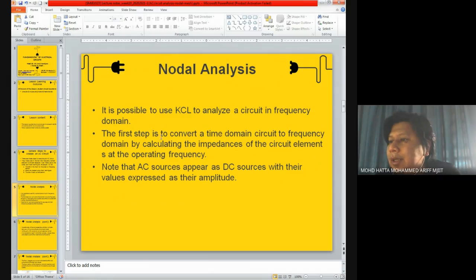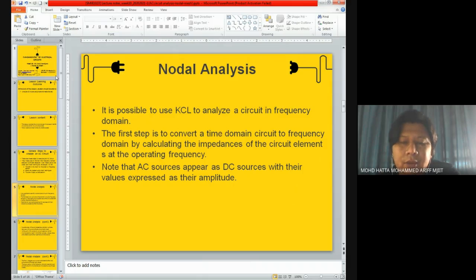I think I mentioned the second point over here. The first step is to convert the time domain into the frequency domain by calculating the impedances of the circuit elements at the operating frequency. The operating frequency will normally be given in the question, or you can look at the sources inside the circuit.